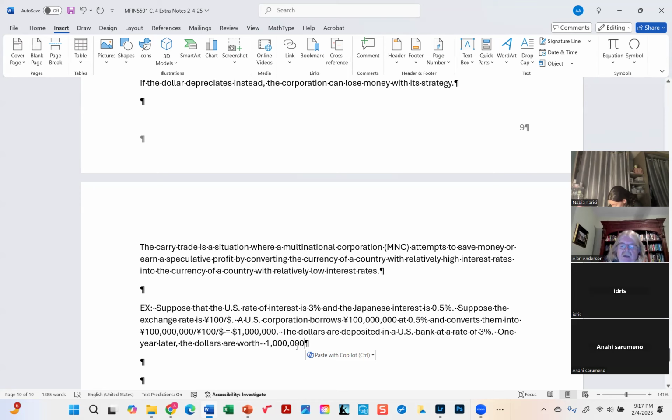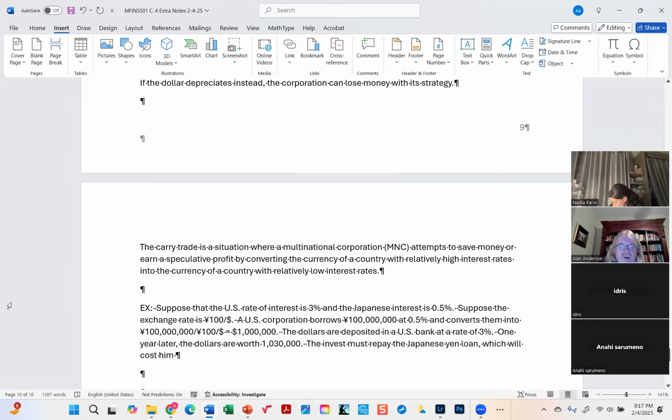Okay, now here's the thing. The investor must repay the Japanese yen loan, which will cost him.